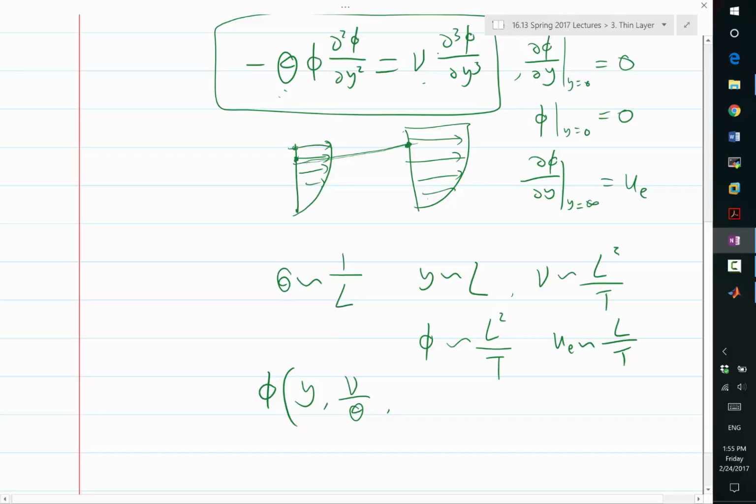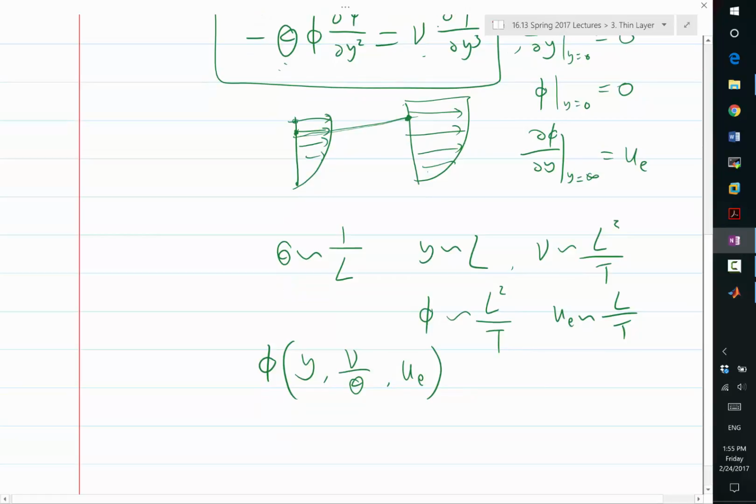We also have ue, right? So we have phi as a function of y and nu over theta and ue. L and T, right? So 1, right? That's how the Blasius equation can be derived without knowing anything about boundary layers, right?